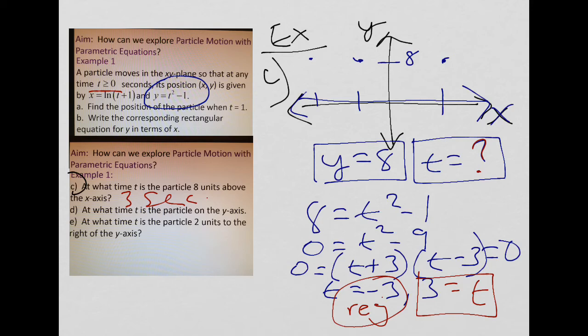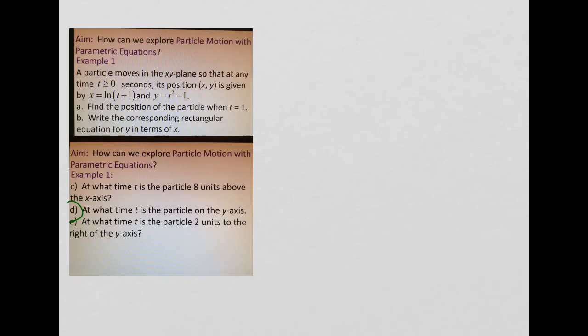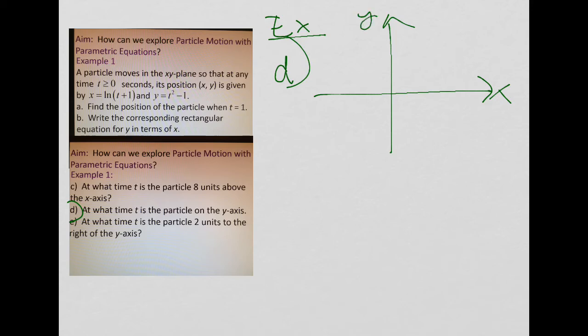All right. So let's take a look at part D. So in part D, it asks at what time is the particle on the y-axis. So similar to the last one. Okay, so let's think about it. It's got to be on the y-axis, this right here. This is where x is equal to 0. Every point, okay, x is going to be equal to 0.